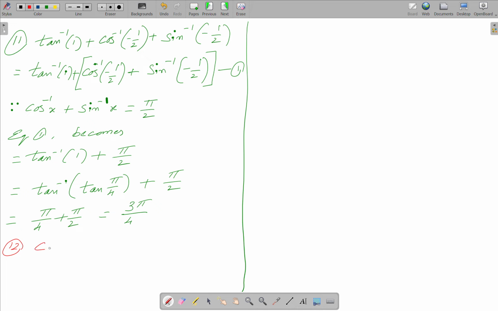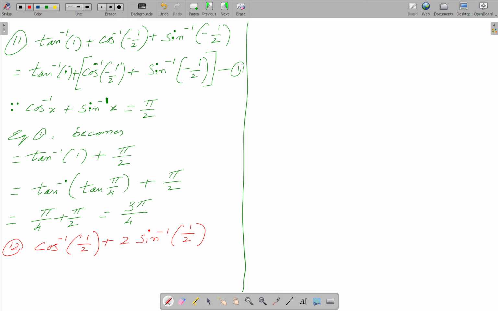Now question number 12. Cos inverse 1 by 2 plus 2 sin inverse 1 by 2.